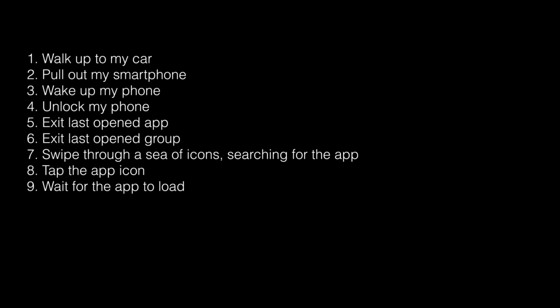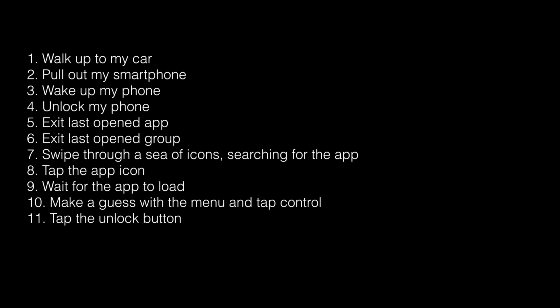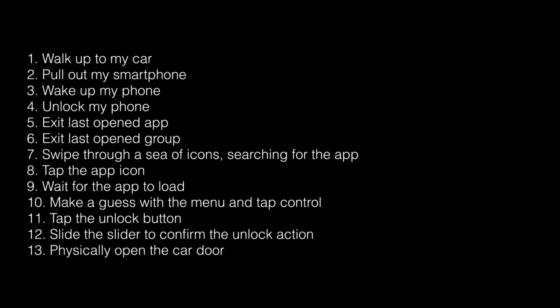And I'm still waiting. And then I make a guess, like, this looks like the control to open the door, and then I tap the unlock button, and I slide to confirm that action, because we're talking about opening my car, so this should require a confirmation for sure. And then I physically open the car door.